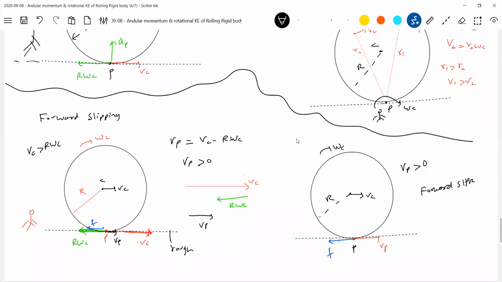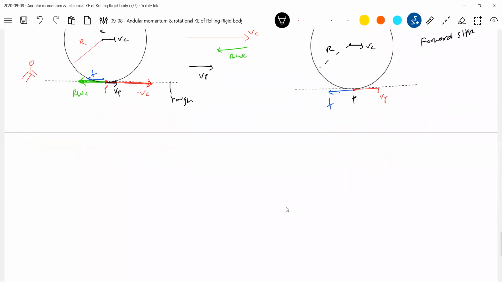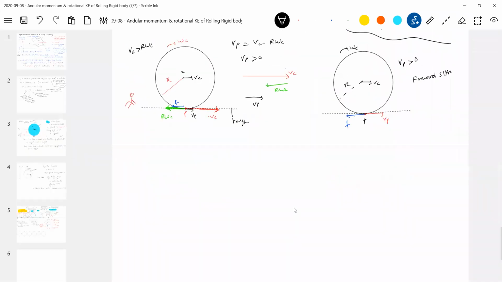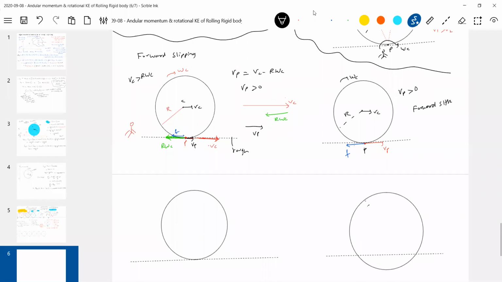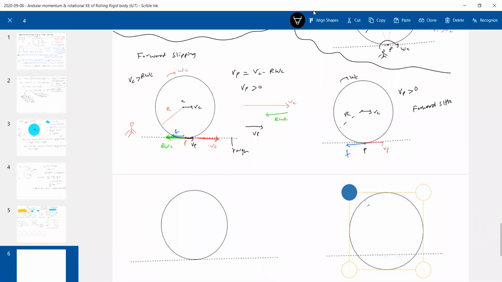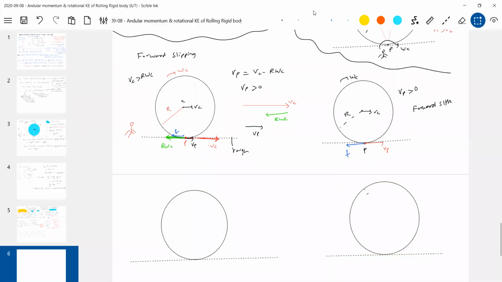And then backward slipping. Now, what is the next condition?